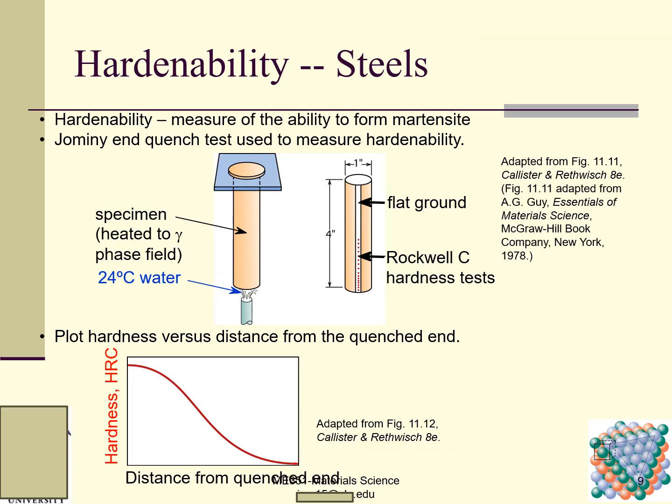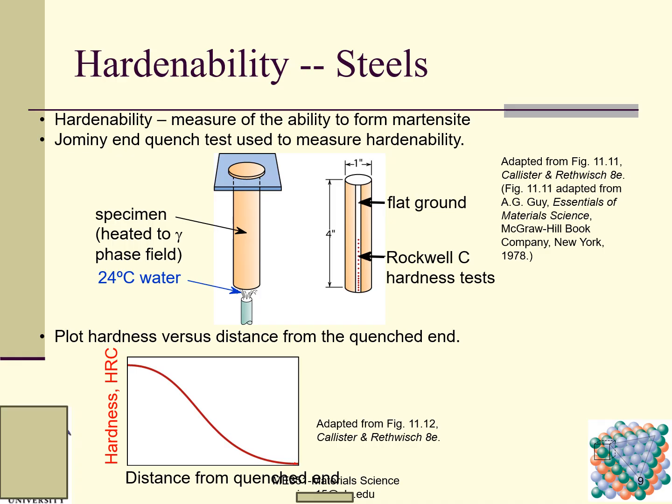Then we talk about hardenability in steel. What is hardenability? Hardenability is a measure of the ability to form a martensitic structure.